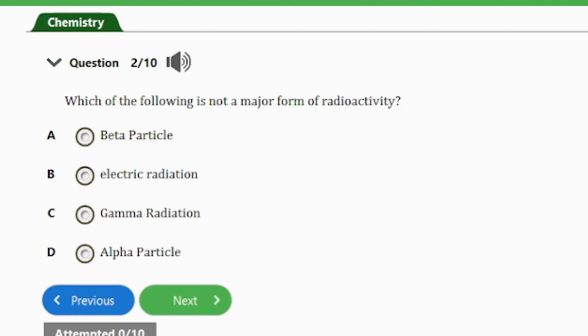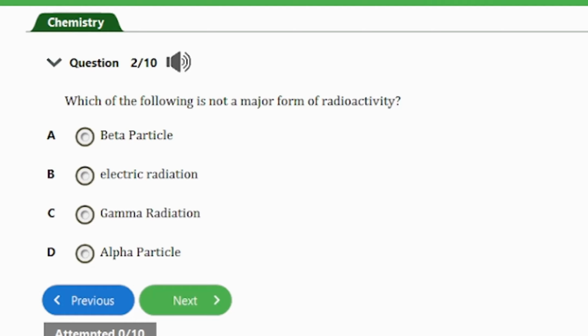Question number 2. So guys, the question says, which of the following is not a major form of radioactivity? We have A, beta particle, B, electric radiation, C, gamma radiation, and D, alpha particle. So the answer to this question will be electric radiation.